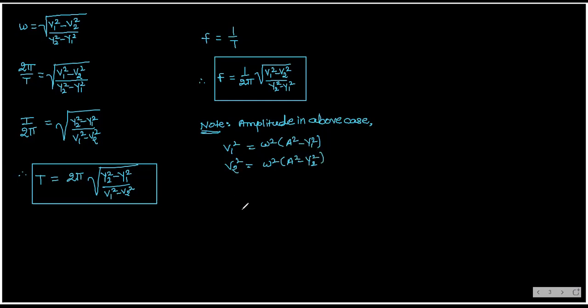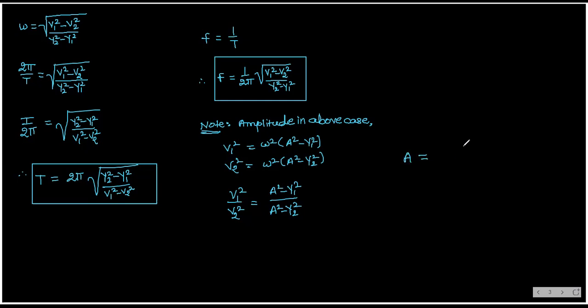If I divide these two and simplify, I am writing directly: v1 square by v2 square is equal to (A square minus y1 square) divided by (A square minus y2 square). If we simplify by cross multiplying and taking A square common, we directly get A. Understood how to do it, because it is just cross multiplication.